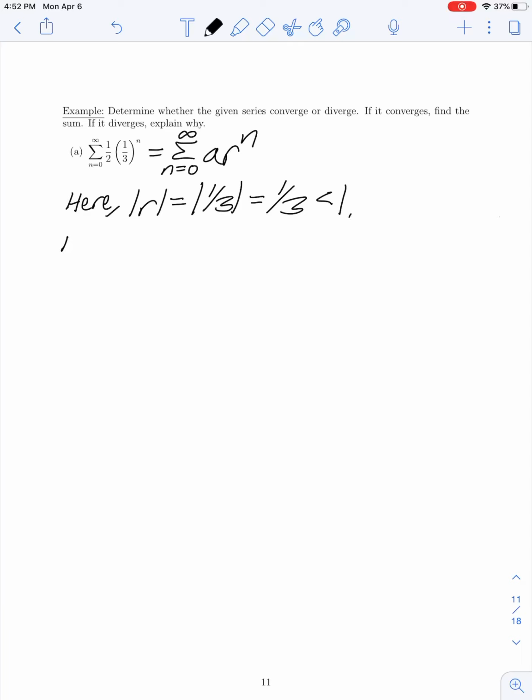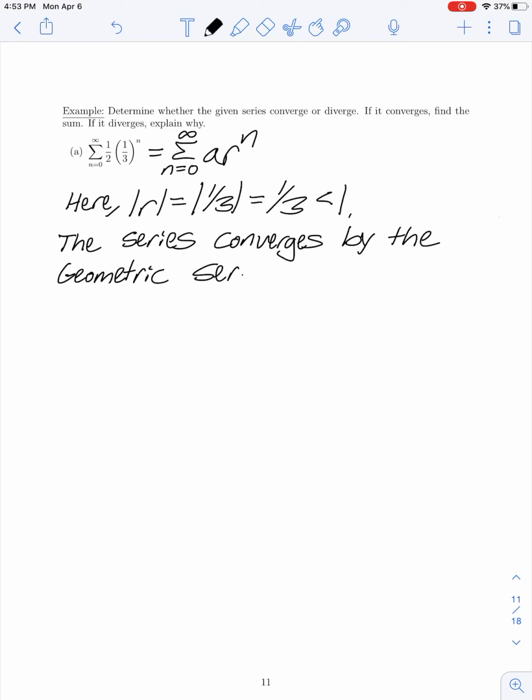So we can say the series converges by the geometric series test. So we know that our series converges by applying the geometric series test. The absolute value of our ratio r was less than 1.